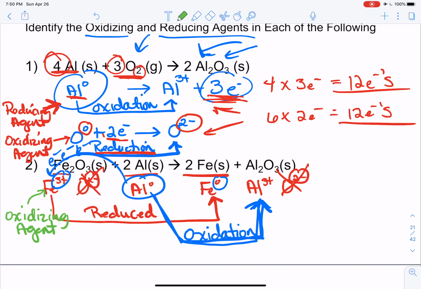Now, aluminum is giving away its electrons, and aluminum is oxidized. So if it itself is being oxidized, it is doing what to somebody else? It's reducing somebody else, so it is the reducing agent.